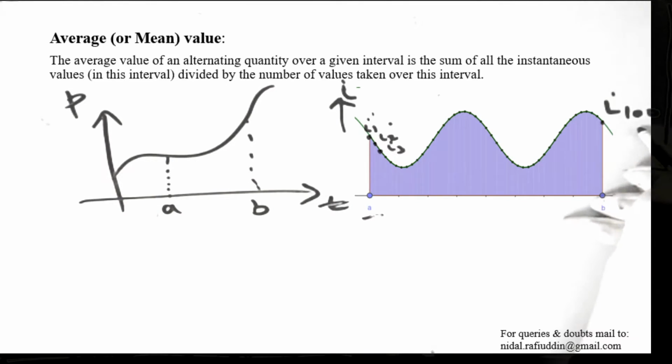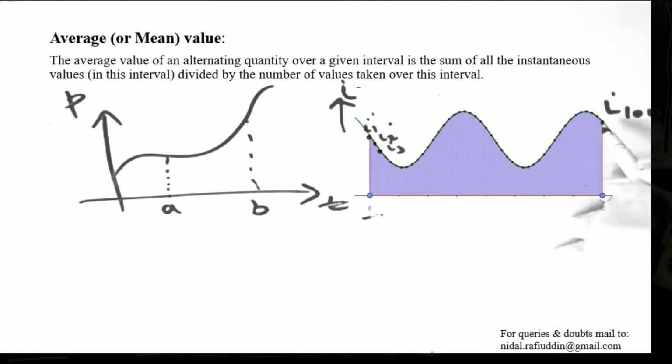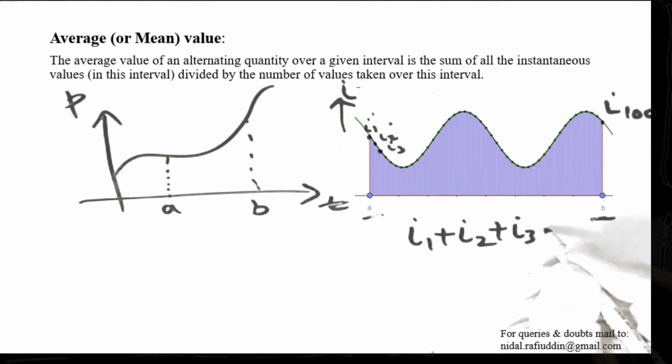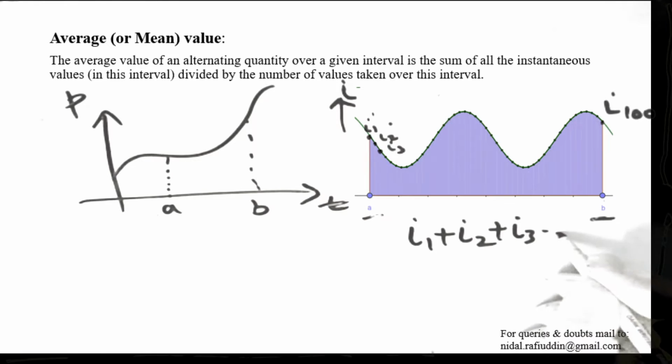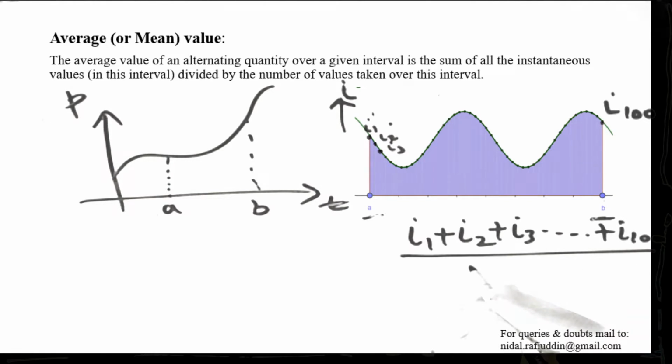So this is an arbitrary value 100. It could be 50 values, it could be more. Just for the sake of explaining things, I've taken 100. Books have taken this as n. So in order to find the average value of this waveform, what we do is we sum all the values at different instants lying between A and B, and divide them by the total number of values.